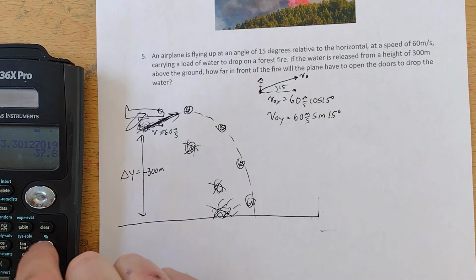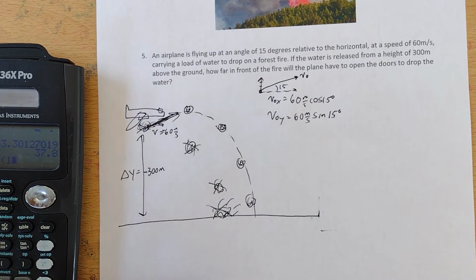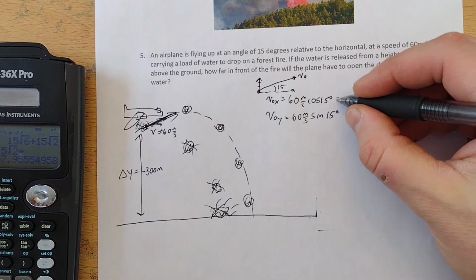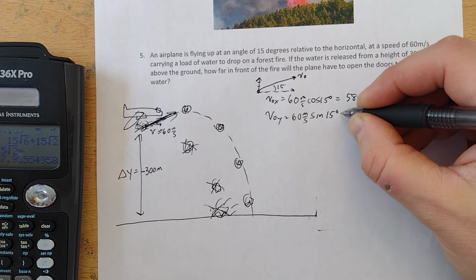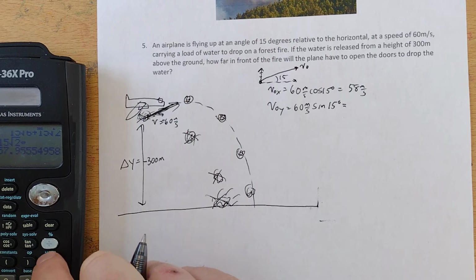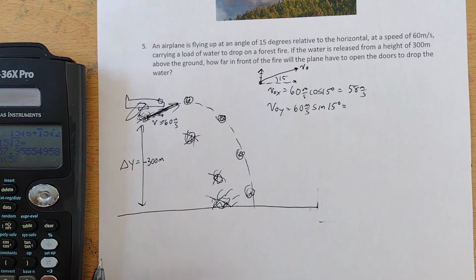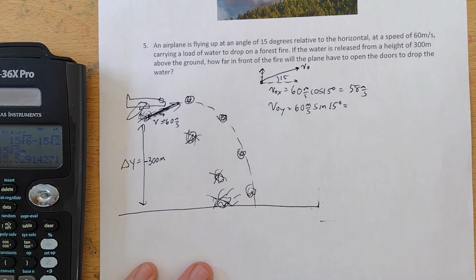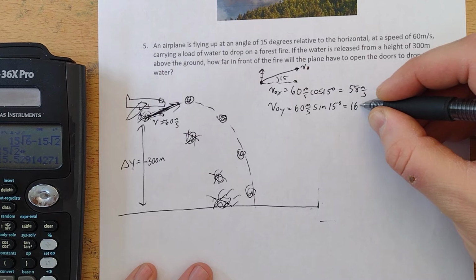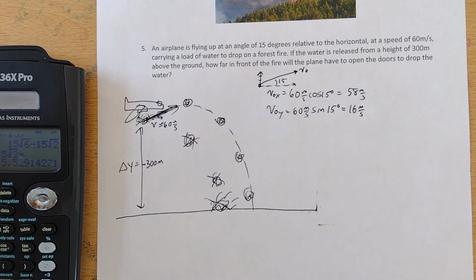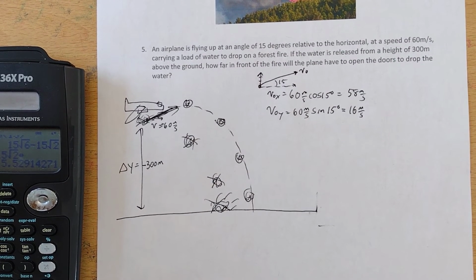So 60 times the cos of 15 is about 58 meters per second. So small angle approximation here almost. 60 times the sine of 15 degrees is about 16 meters per second. So it's launched up at 16 meters per second, horizontally at 58 meters per second. Now it's just a matter of plugging into the x and y direction.